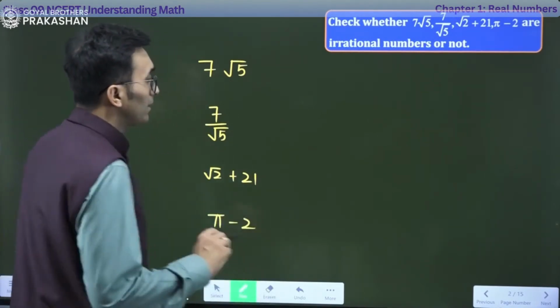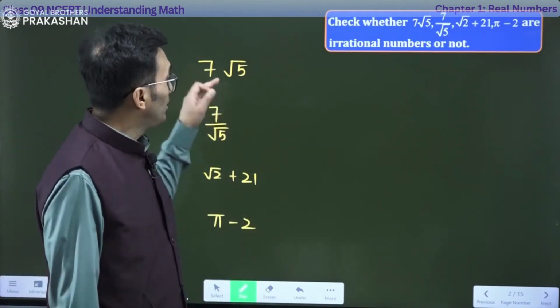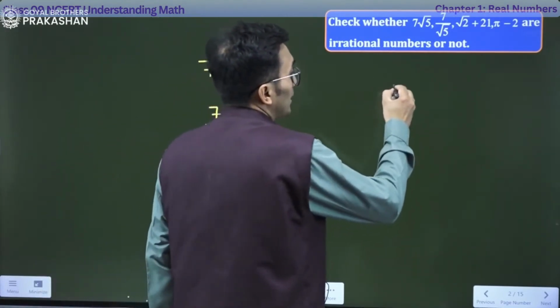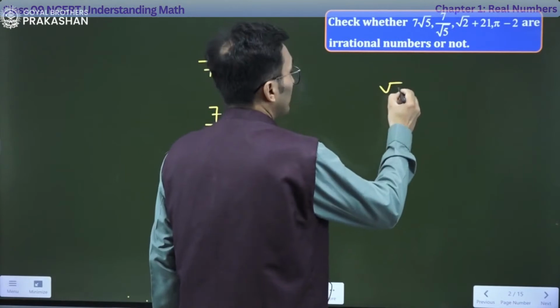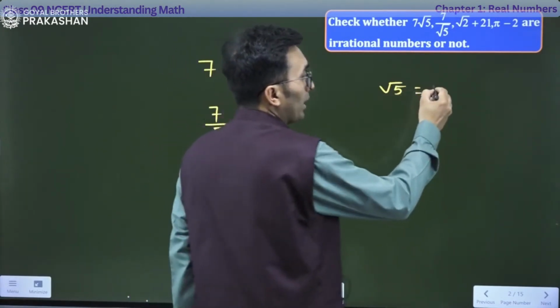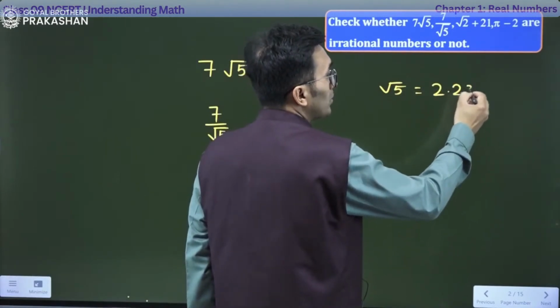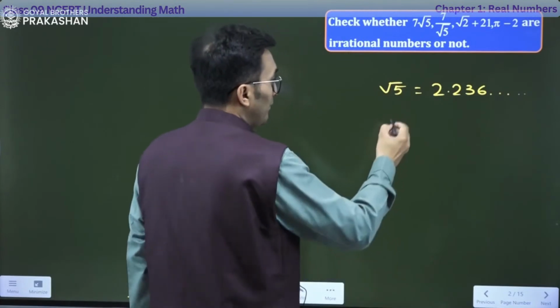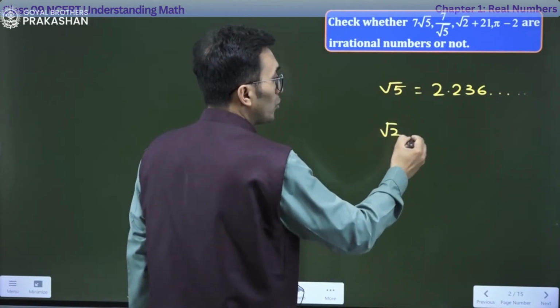Now, in all these numbers, we can observe root 5, root 2 and pi. So, we should know like root 5. The value of root 5 is 2.236 and dot continues. Then we have another number root 2.